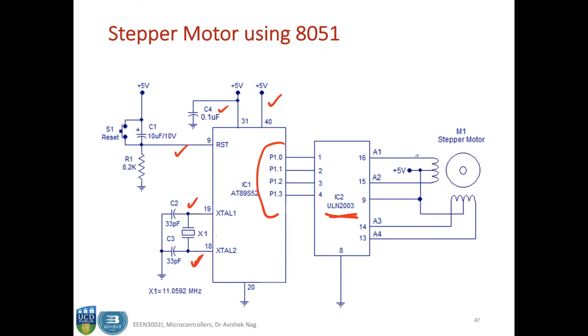And this is a bipolar stepper motor. Based on the outputs here, the directionality of the current will be in this way or this way, and in this way or this way.